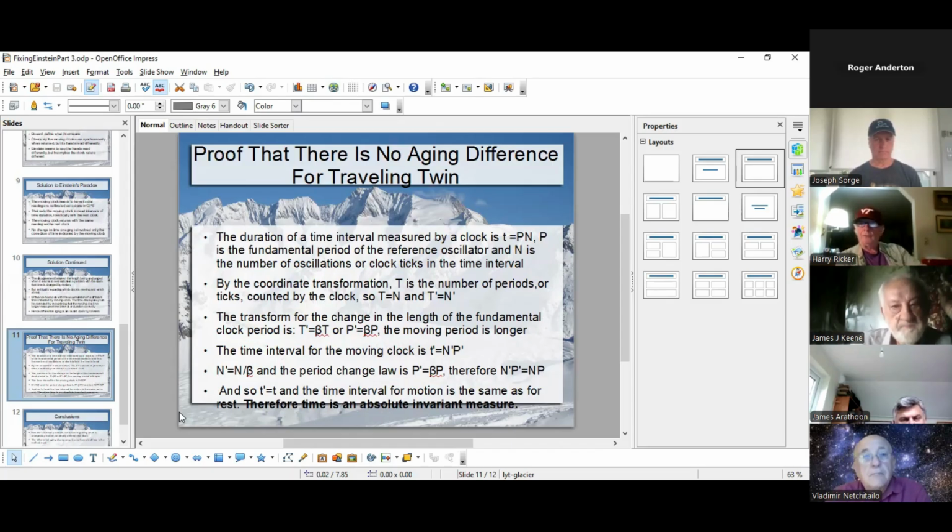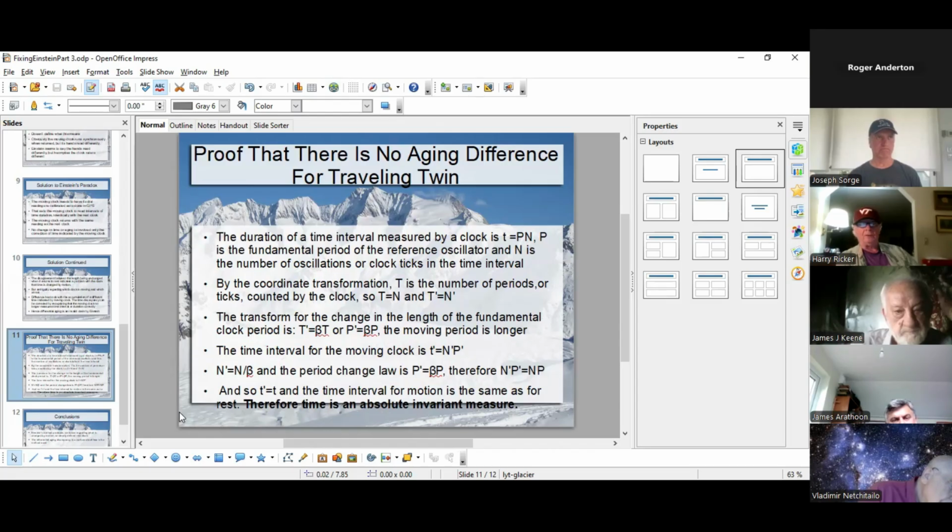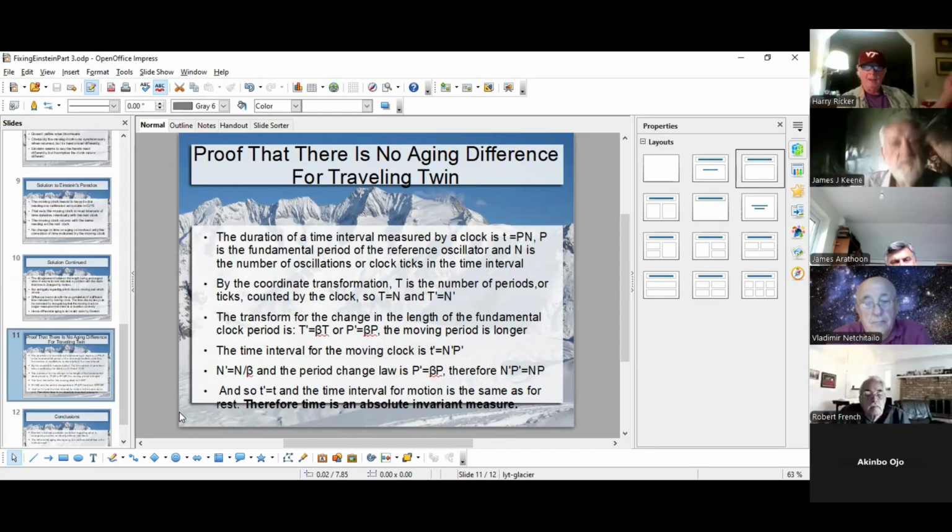So in other words, there's no change in the period. The time doesn't change. It's the same. Okay, so T prime equals T, meaning that the time interval that occurs in the moving frame is equal to the time interval that occurs in the rest frame. And therefore, time is an absolute invariant measure. There's no change in time.